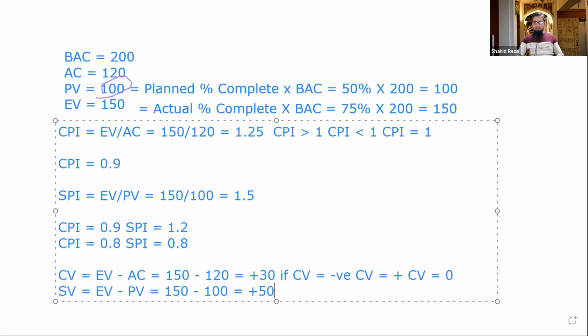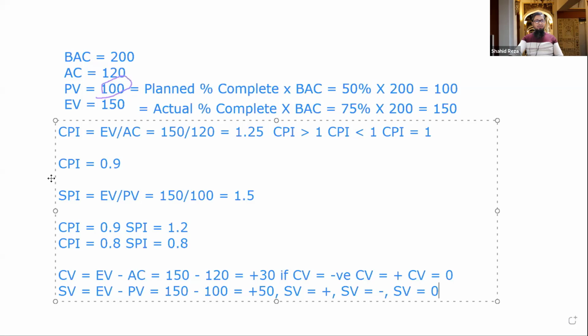So if SV is positive, we are doing good in terms of schedule management. If SV is negative, we are well behind the schedule. And if SV is 0, we are progressing as per the schedule. So this is the interpretation.